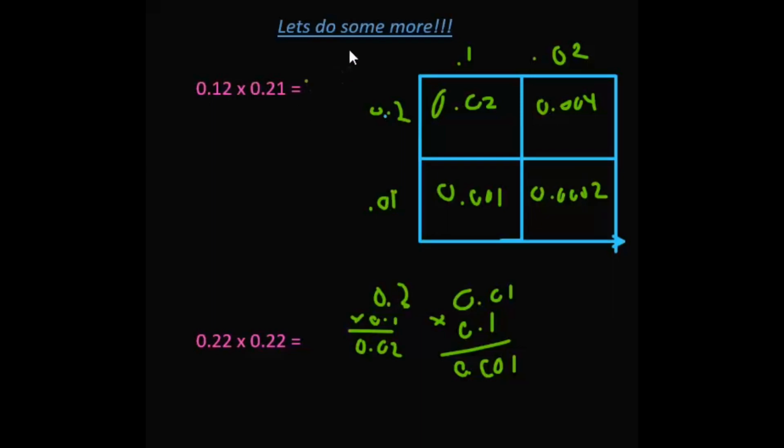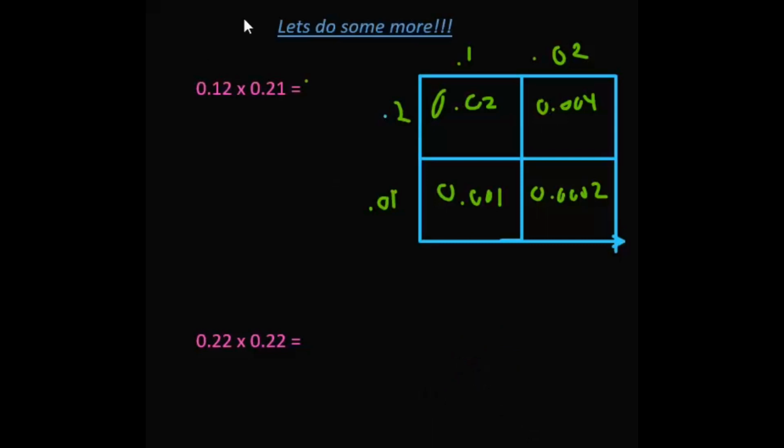Now let's add together. So, oops, I'm just going to erase all of this here. Okay, so now let's do the addition. As we can see, 0.001 and 0.004, so we know that this is 0.005.